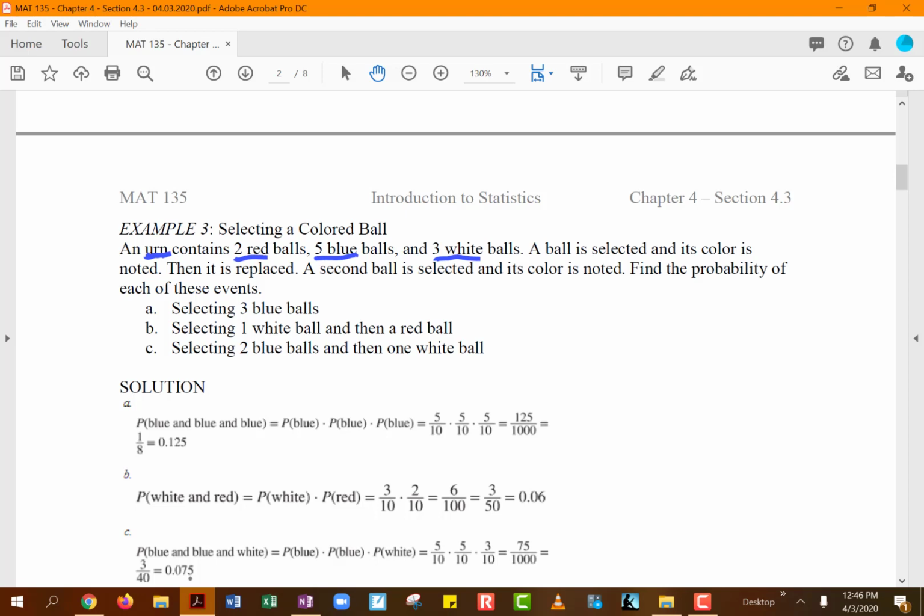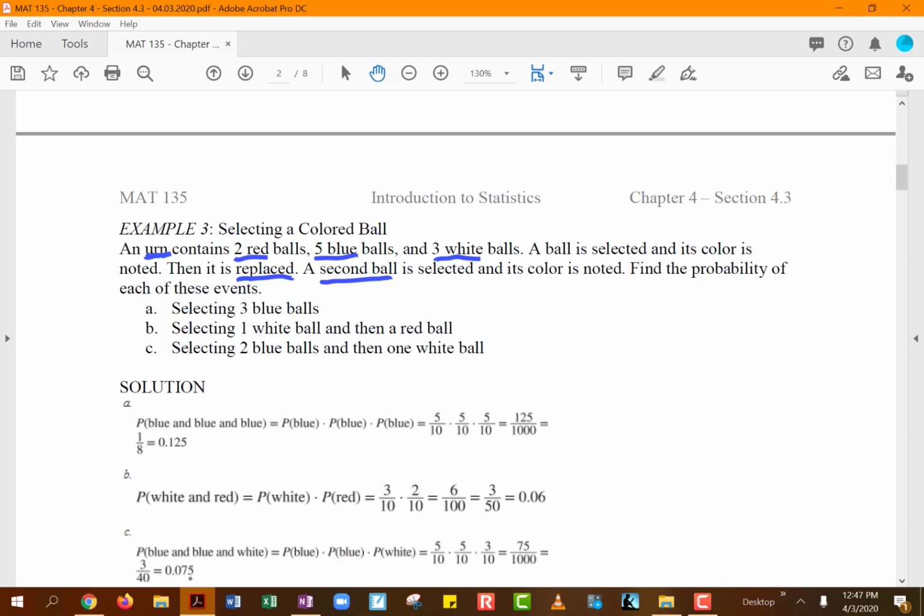They are saying if a ball is selected and its color is noted, kind of like we did with the cards, we take the ball out, look at its color, write that down, and then you're going to replace it back into this urn or container. Then you pick a second ball, again note down what color it is, and now you're trying to find the probability of these events.